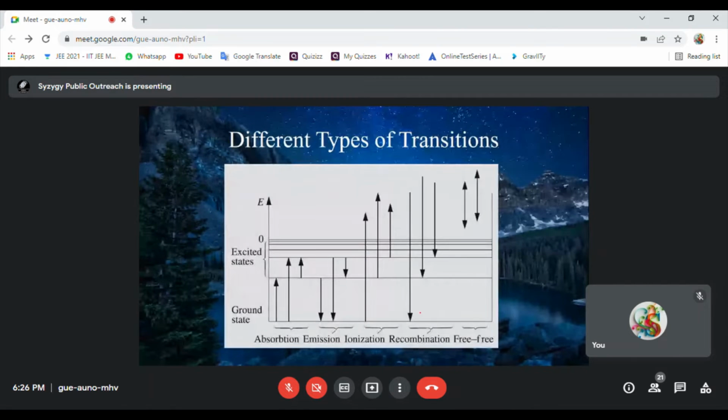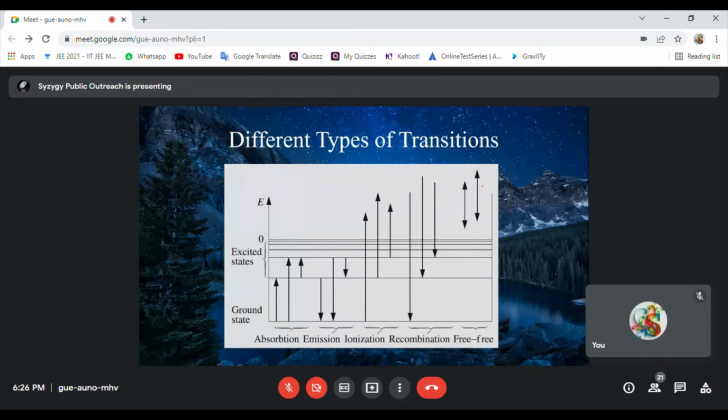Whenever the electron decelerates while passing a nearby atom, it emits radiation, because energy has to be conserved. If the electron is decelerating, it must radiate that energy. That's why energy is radiated whenever an electron decelerates, and this radiation is what we call free-free radiation.